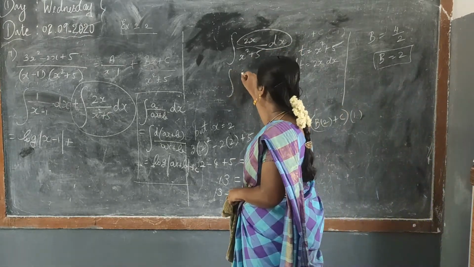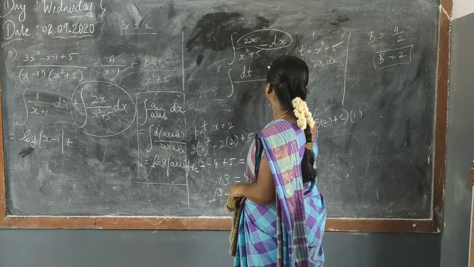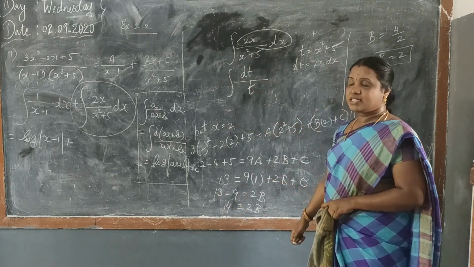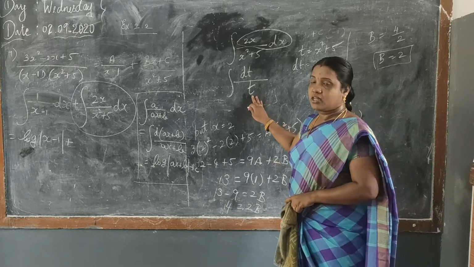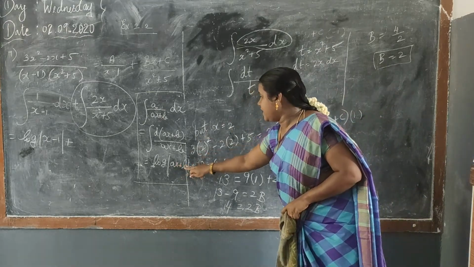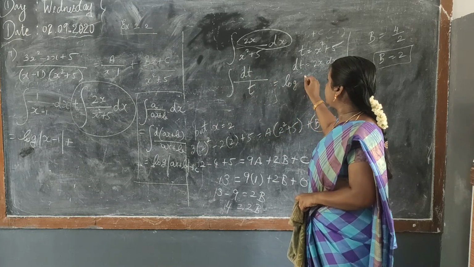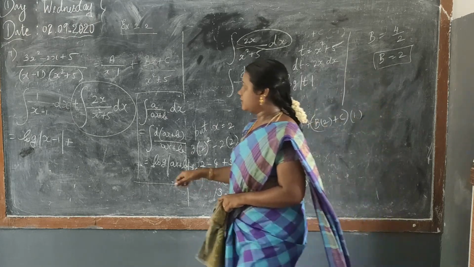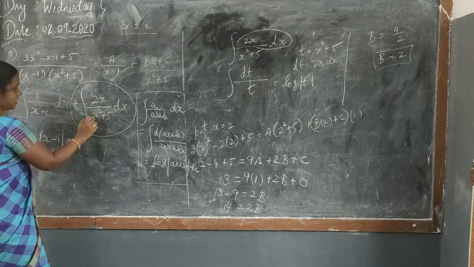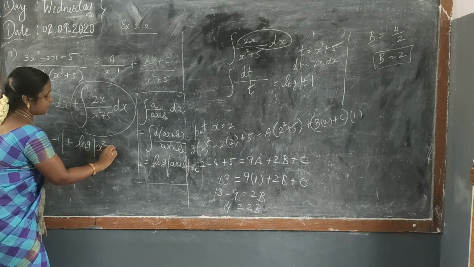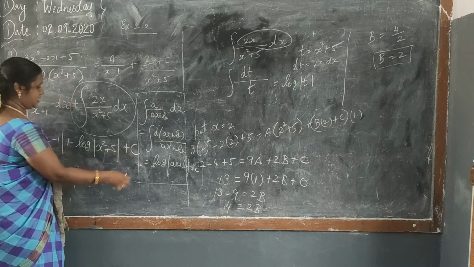So integrate dt by t, since x square plus 5 is t. What is the answer here? Our result is log of ax plus b, so log t. Our t value is x square plus 5, so log of x square plus 5 plus c.